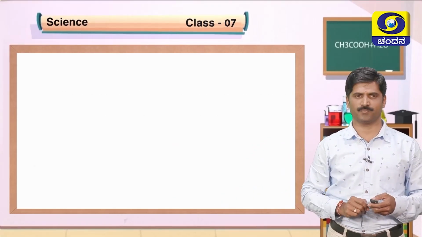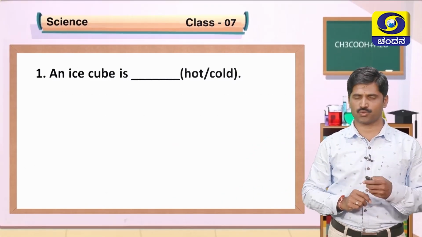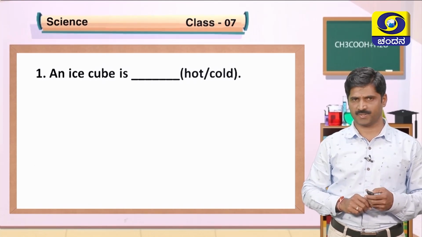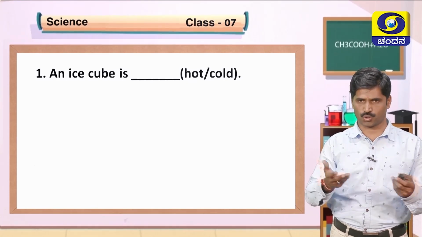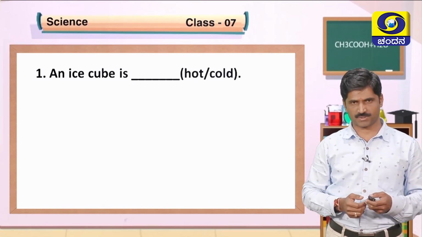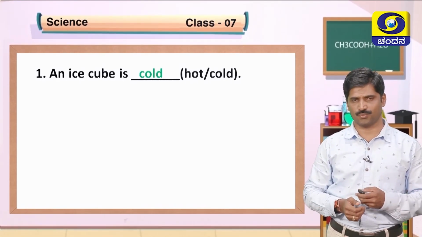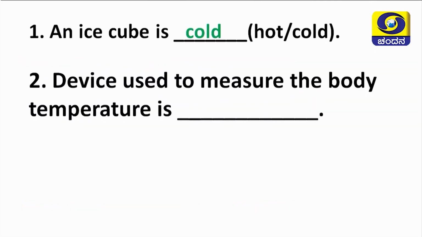Before we wind up the class, I have some questions for you. Can you answer this one? An ice cube is hot or cold? Of course, it is cold. A device used to measure the body temperature is, come on, yes, it is thermometer.